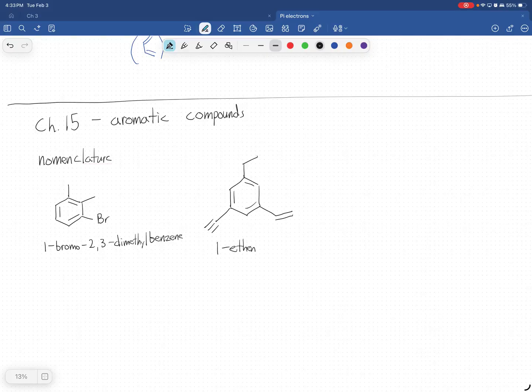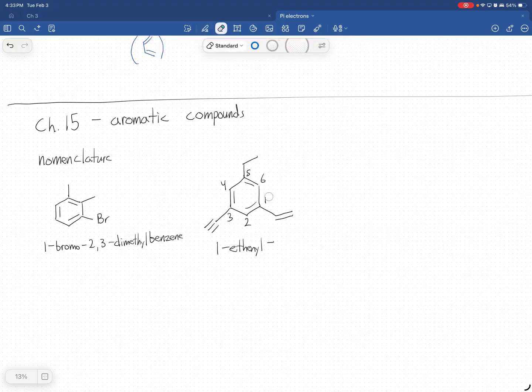So here, it'll be 1, ethenyl. Then 1 here, 2, 3, 4, 5, 6. 1-ethenyl, 3, sorry, no, we can't name it that way. Why don't we name it that way? Interesting.